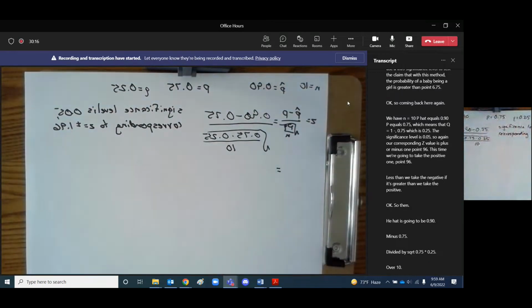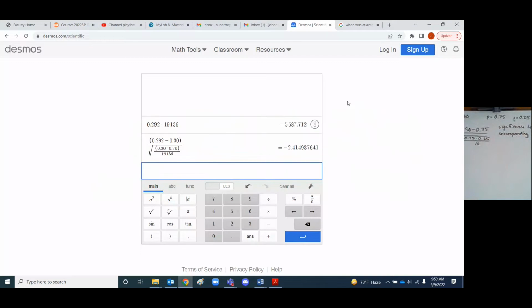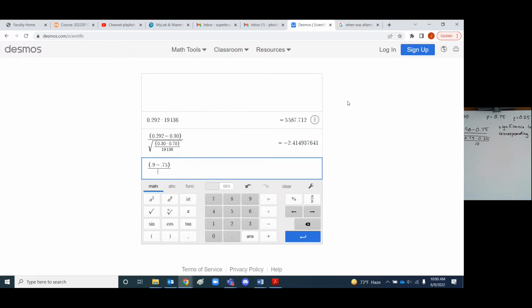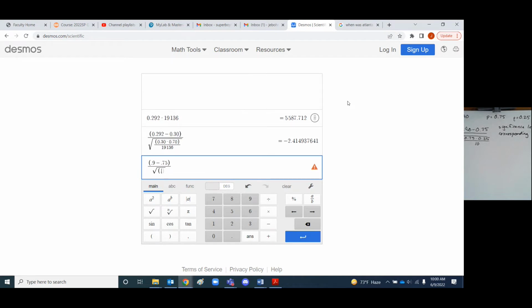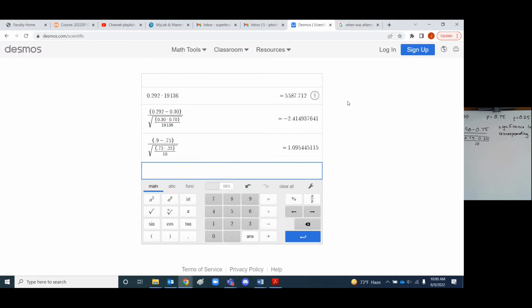All right, so we plug this in Desmos again. 0.9 minus 0.75 divided by the square root of 0.75 times 0.25 divided by 10. And we get a value of 1.095, which is approximately 1.10.